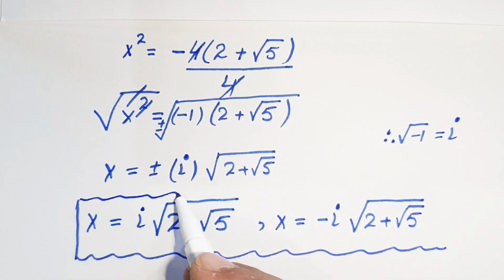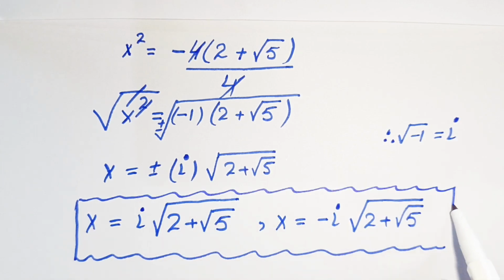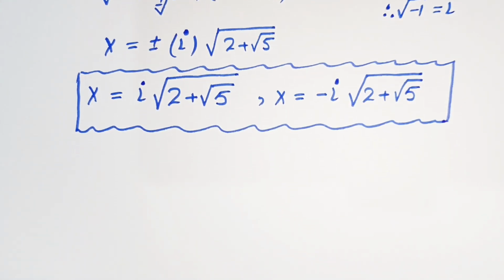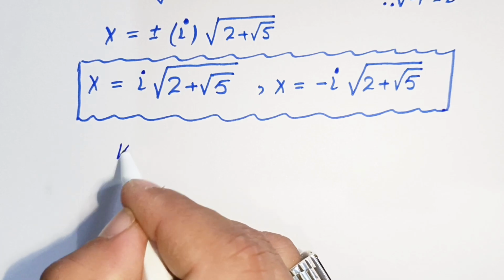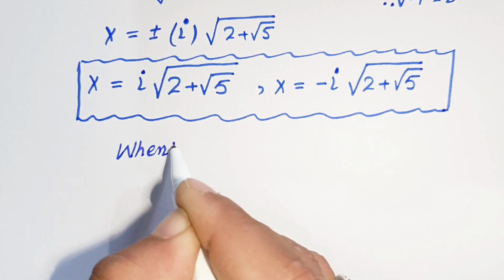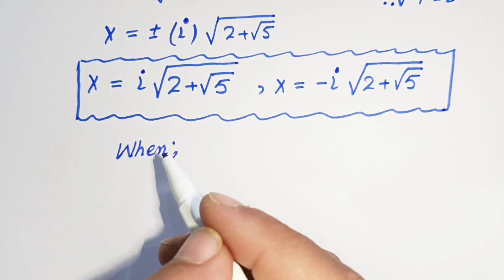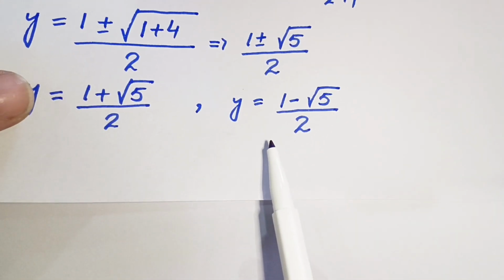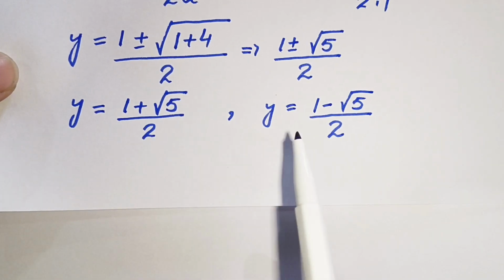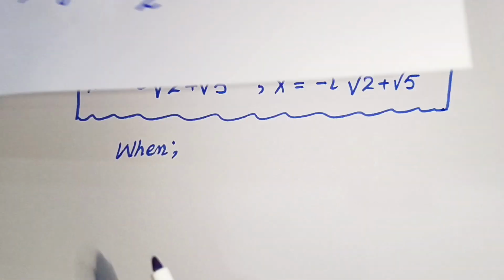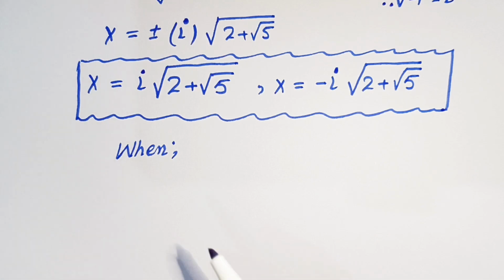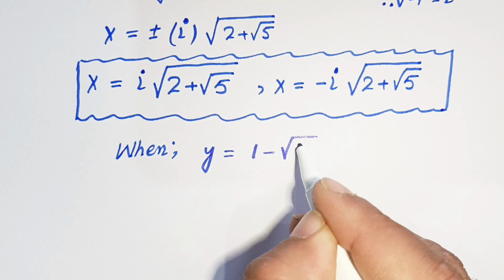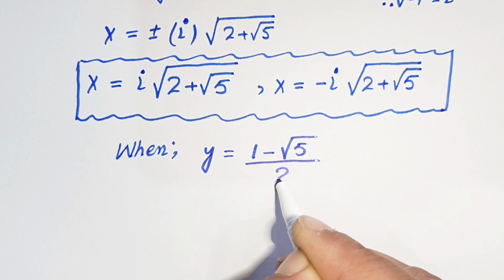Now we are going to solve another case with the other value of y. So our case 2 is when y is equal to 1 minus square root of 5 all over 2.